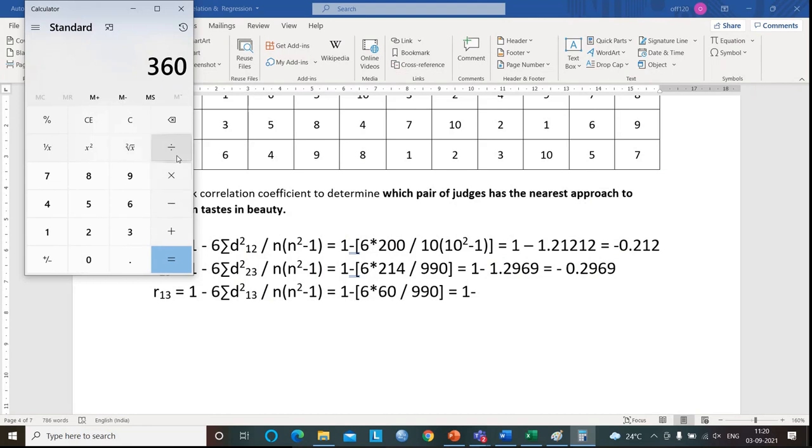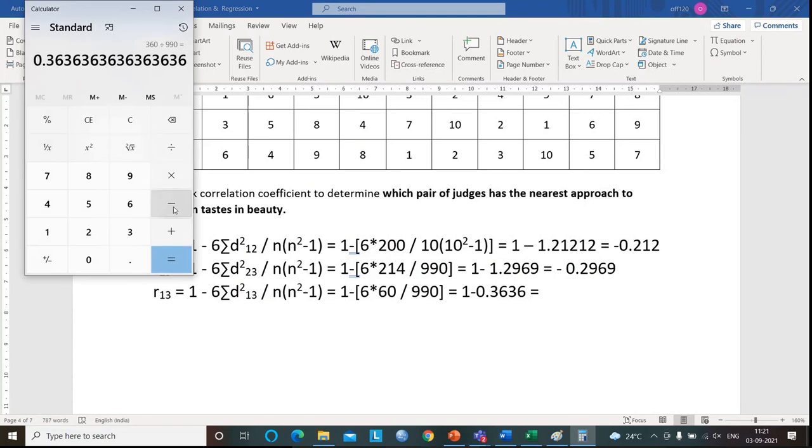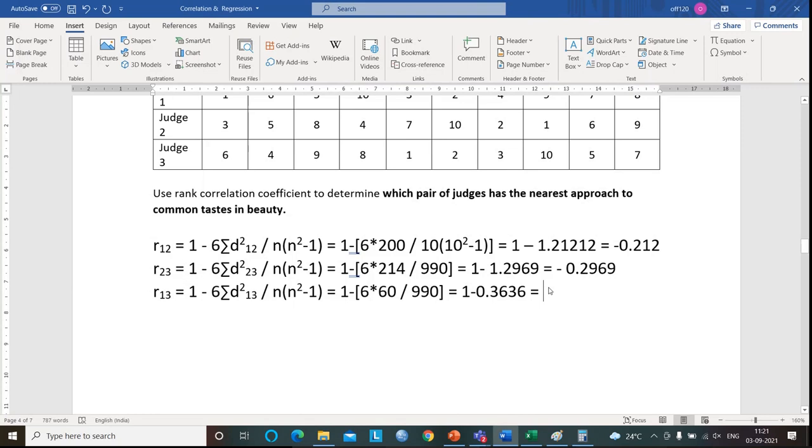So 360 divided by 990, our answer is 0.3636. Now let us subtract it from 1. Then we get 0.6363, because this value is smaller, so 1 minus this value becomes 0.6363.